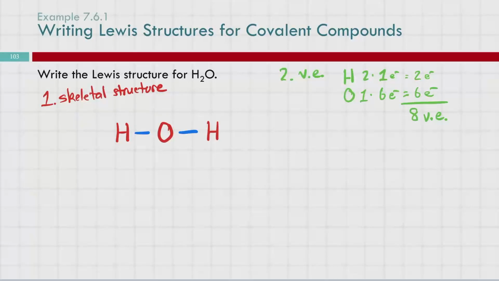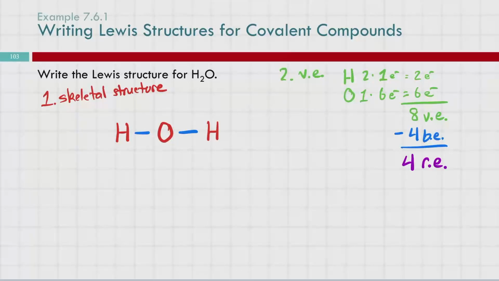Each bond is 2 electrons, so 2 bonds is 4 electrons. So subtract out 4 bonding electrons, and we've got 4 remaining electrons. We've got 4 more electrons to place to give everything its full octet.